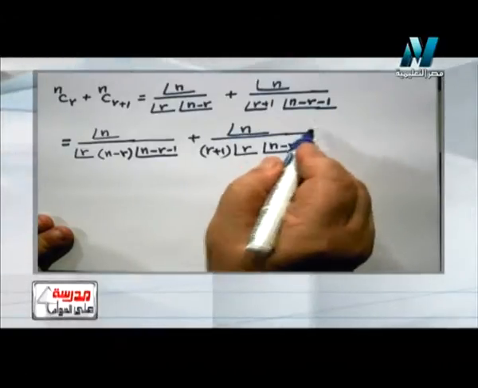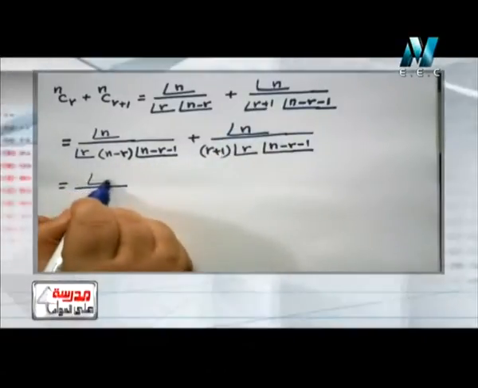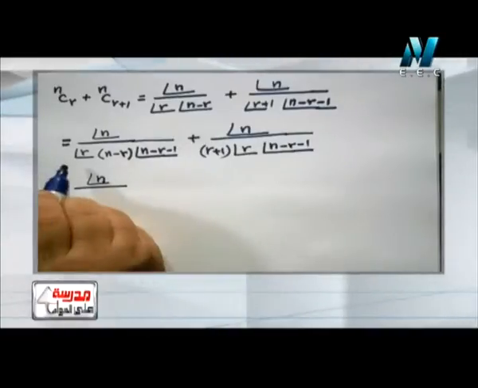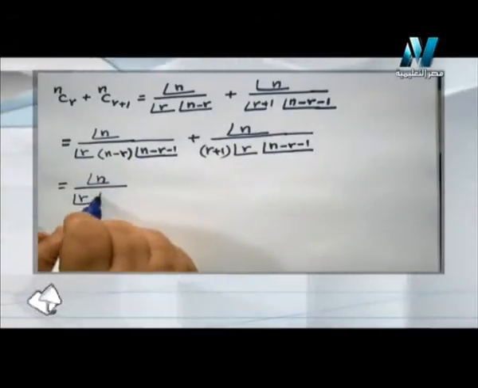Now we take the common factor from the numerator, factorial N, and from the denominator, factorial R and factorial N minus R minus 1.